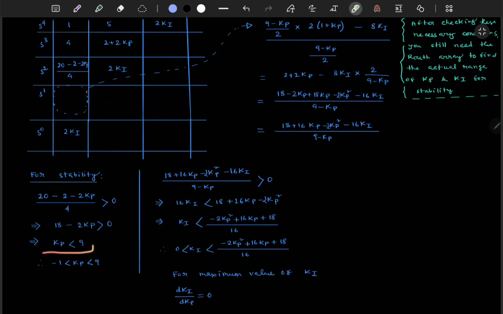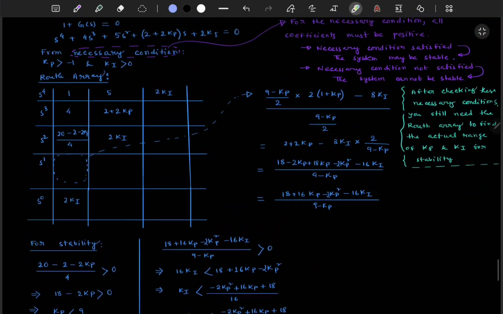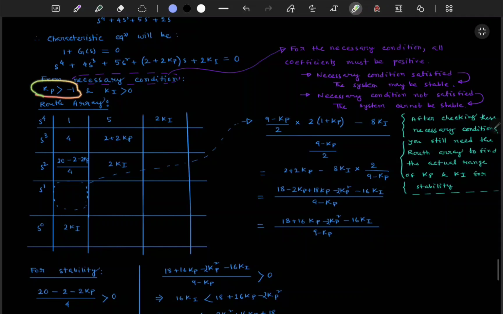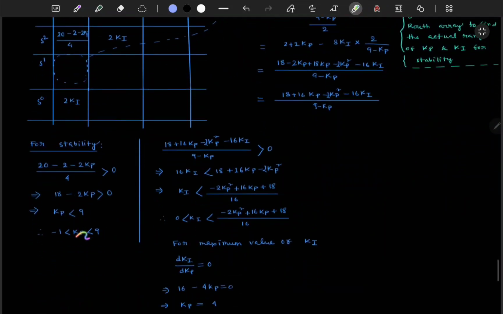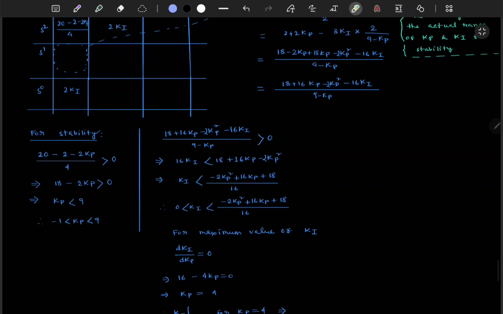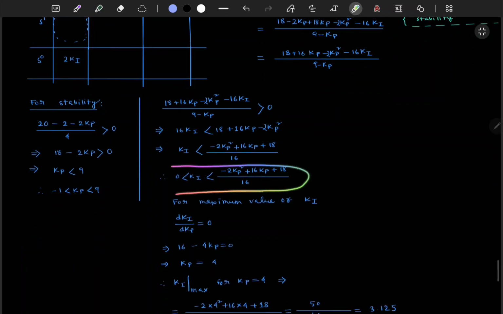So from here we are getting Kp less than 9, and again from the necessary condition we got Kp greater than -1. So Kp's range is from -1 to 9. Okay, it is greater than -1 and less than 9, and here we are getting this range.